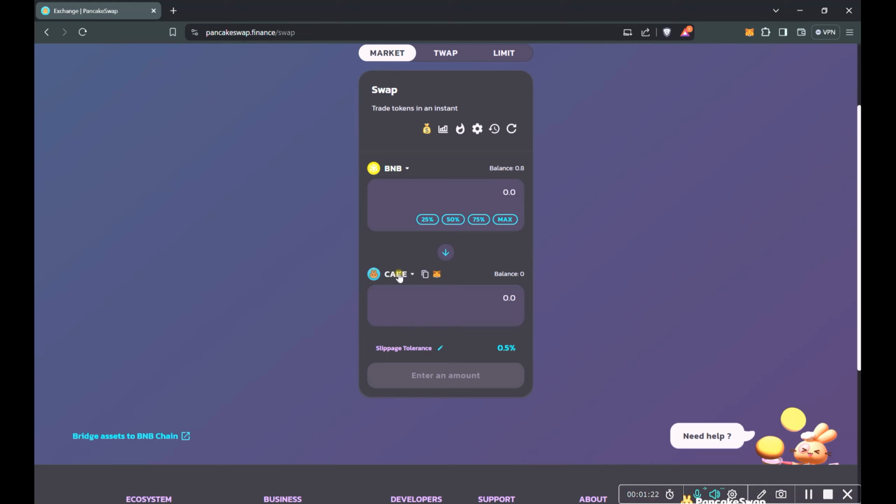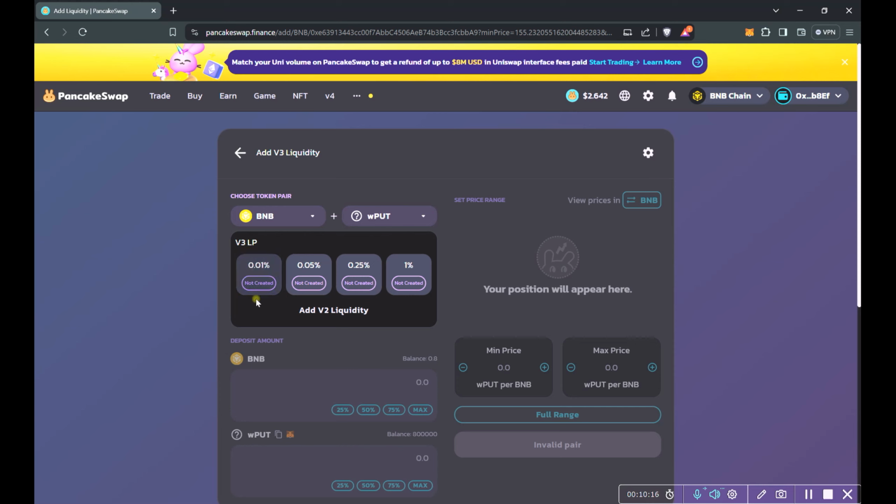And now it's asking us which liquidity plan we want to add liquidity to. There are two selections. The one here above is the V3 liquidity plan, and that was created by PancakeSwap a short time ago in order to give liquidity providers more control over the fee range they would like to earn.